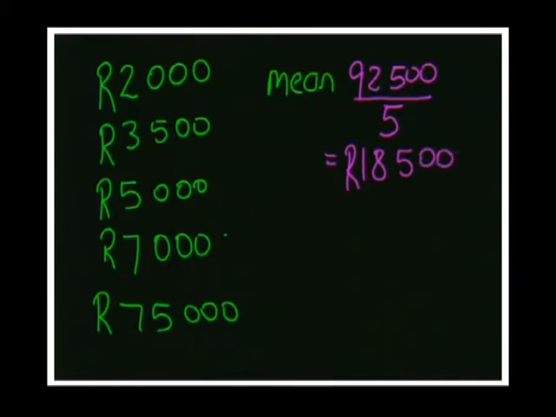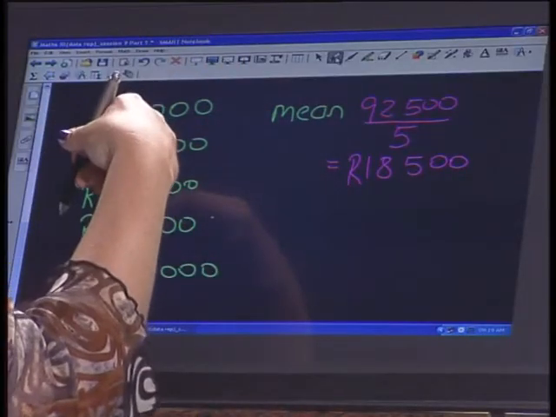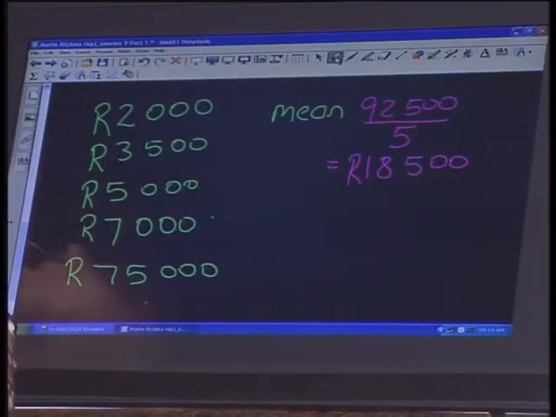Now, quite honestly, I can say, well, on average, I pay my employees 18,500 rand. But does that make sense? Mathematically, I'm totally correct. But in actual fact, when I look at all of my employees, there's not one person other than myself that is earning that kind of money.